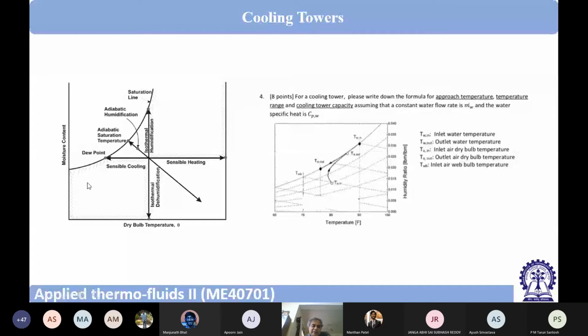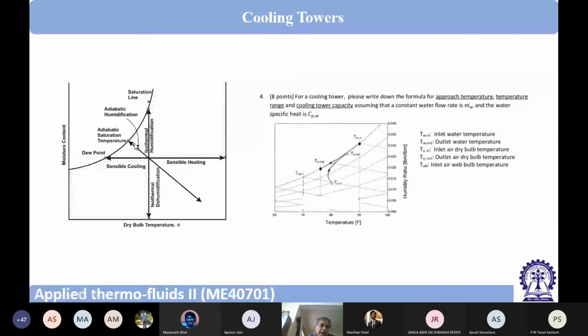Similar lines could be there, and this is 100% relative humidity. So that means it is fully saturated air. On this side the dry bulb temperature will change. On this side the moisture content or water vapor content inside the air will change, and this is the constant wet bulb temperature line. Similar lines could be there, those are constant wet bulb temperature lines.